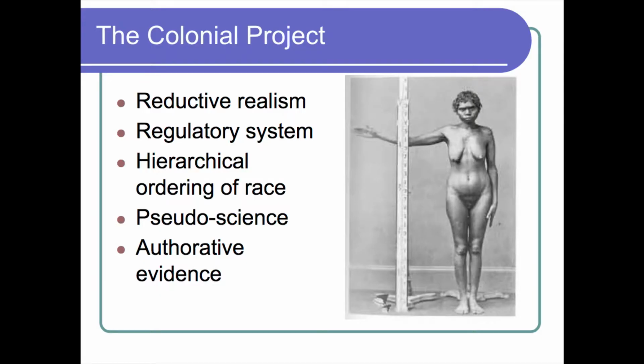So what you find with this early photography is that you get this reductive realism. So early photography and anthropology was often used to control other nations and make this hierarchical ordering of race. So you can see in this picture here, there's a ruler, because if your arms or your nose doesn't fit the standard ethnocentric European model, that others you.